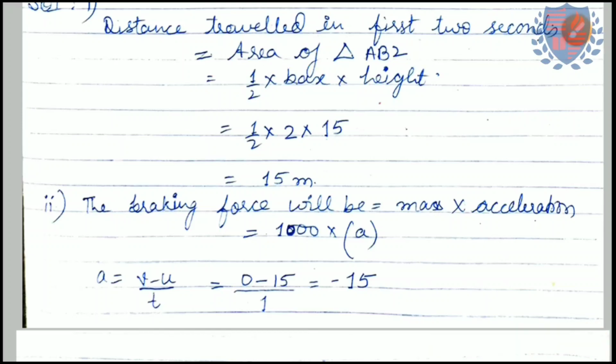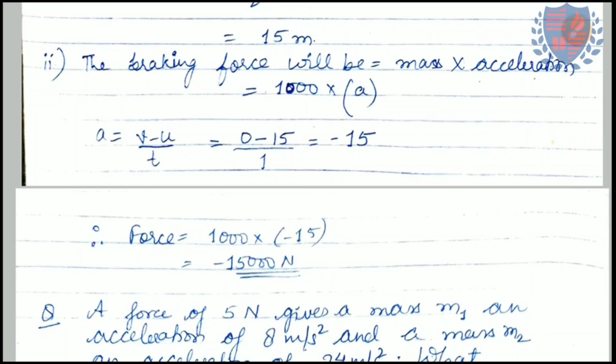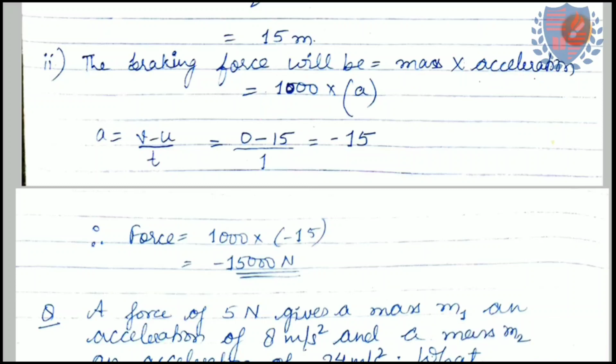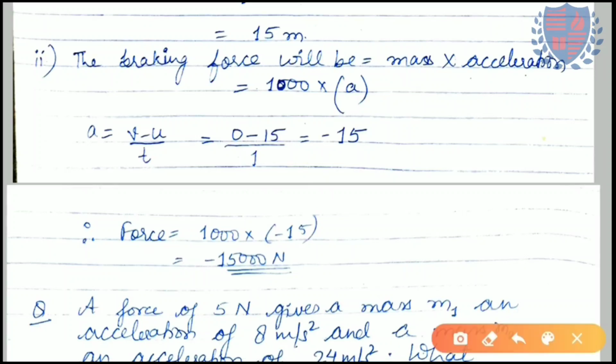Now come to the braking force, the second part of the question. We know that force is mass into acceleration. The mass of the car is already given. We need to find the acceleration. To find the acceleration, since you have not studied slope, we will simply apply the formula: final velocity minus initial velocity divided by time.